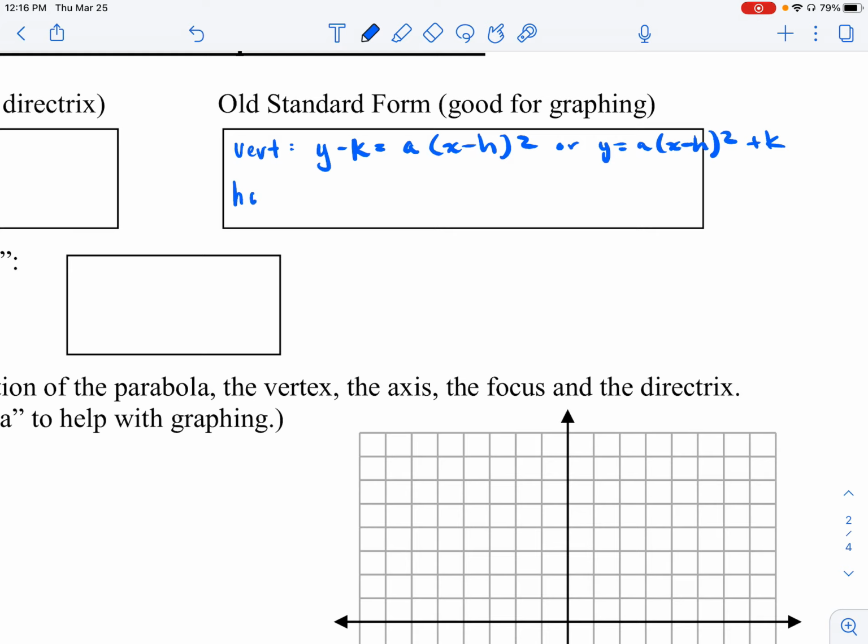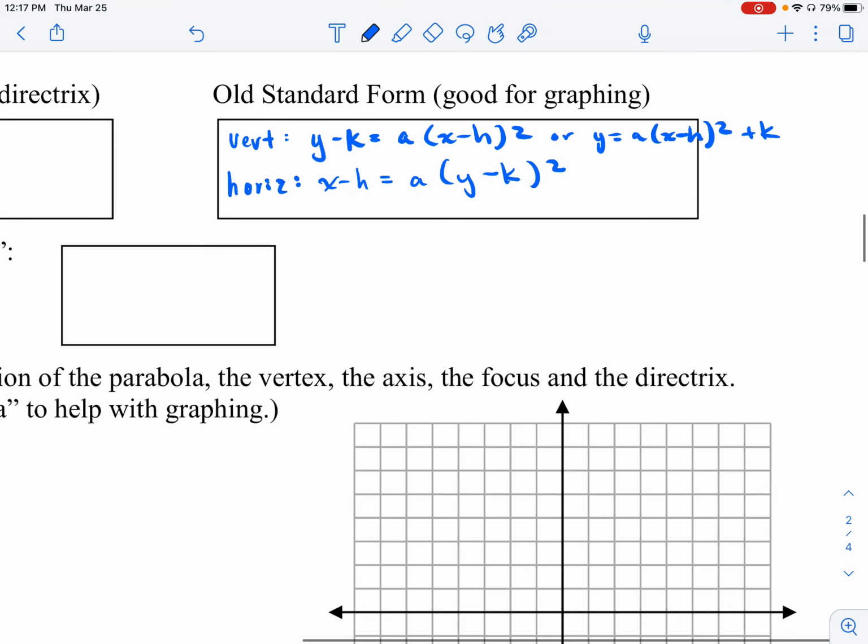When it was a horizontal parabola, we said x minus h is equal to a times y minus k squared. Now, these old standard forms were great for graphing because it told us our vertex pretty easily, and we could see whether or not our leading coefficient was positive or negative, which told us whether or not it opened up or down.